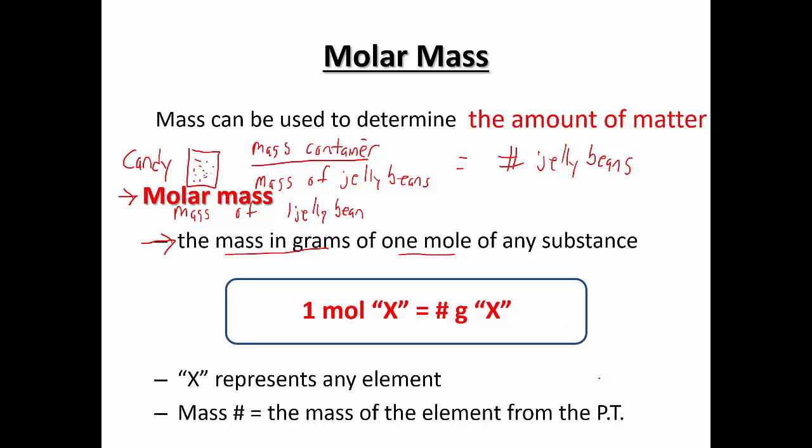So this mass is from the periodic table. Let's make sure we've got that one in our notes. 1 mole of whatever substance, X, equals that many grams on the periodic table.